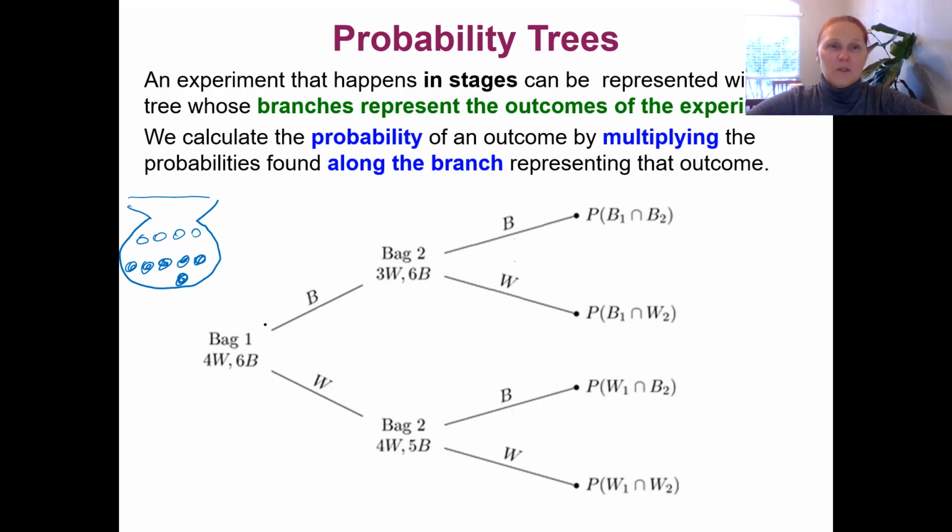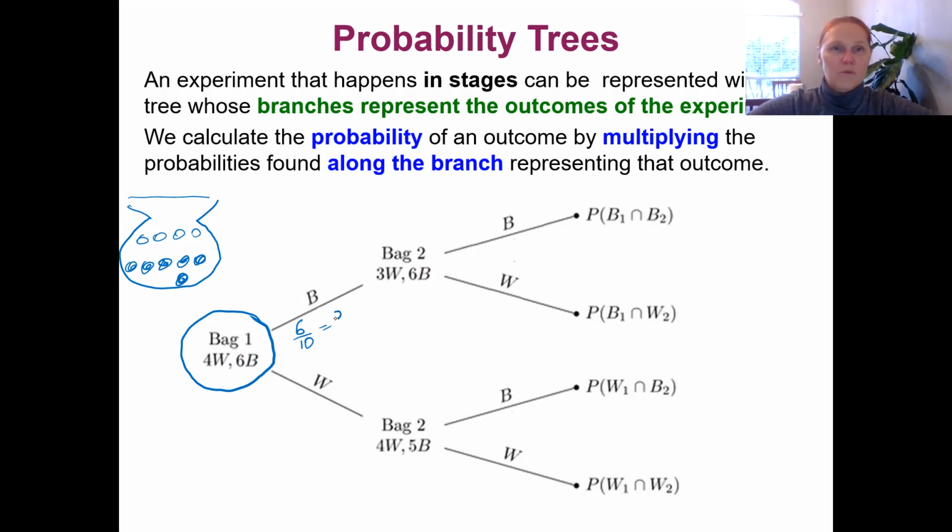When we start by drawing one ball from the bag, we have the probability 6 over 10 to get a black one. There are 6 black balls from 10 total. We can reduce this fraction by dividing the numerator and denominator by 2.